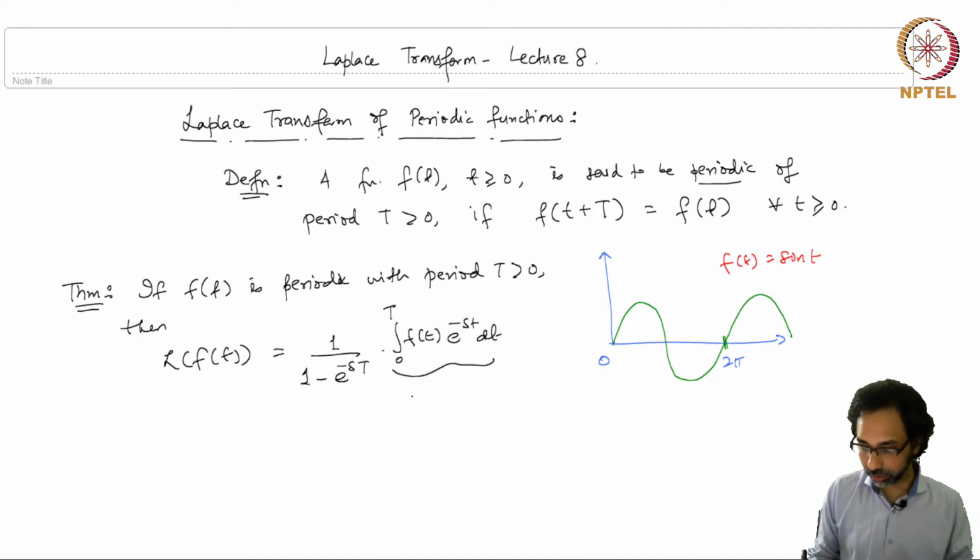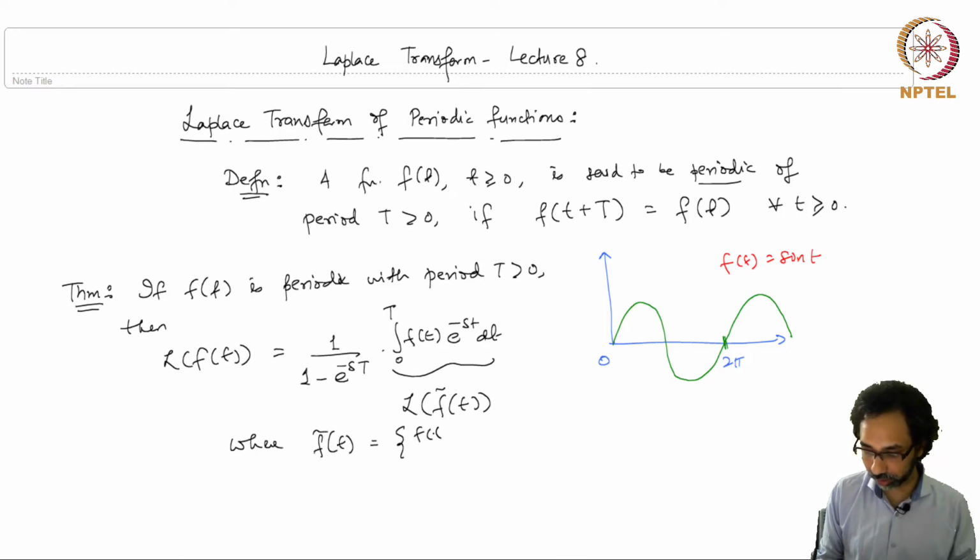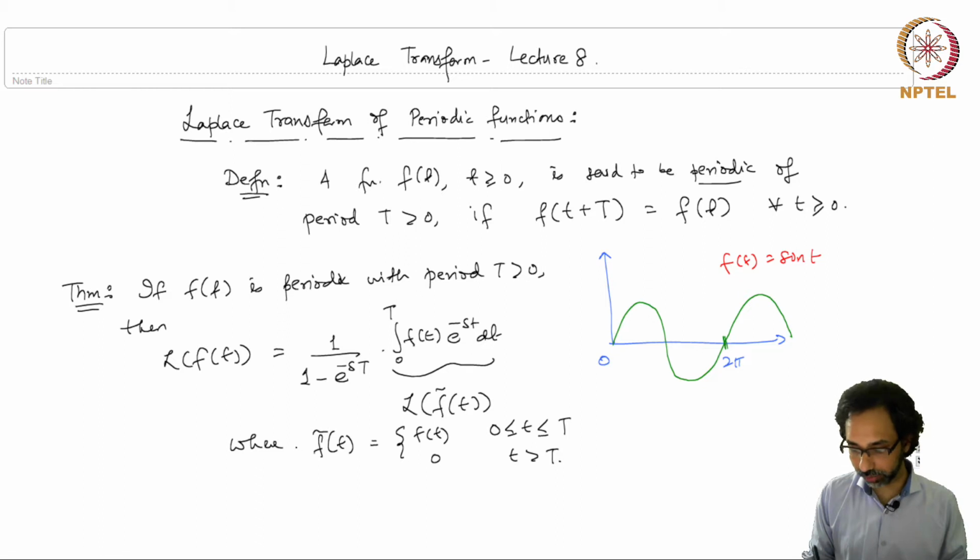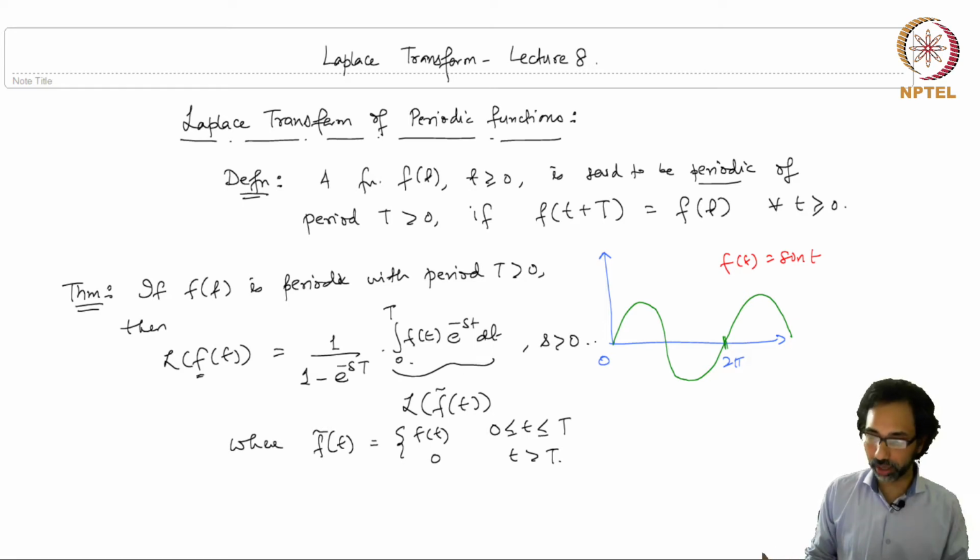Note that this is the Laplace transform of the modified function f tilde(t), where f tilde(t) is equal to f(t) for 0 less than or equal to t less than capital T, and 0 for t greater than T. So this is the truncated version of f, and if you take the Laplace transform of f tilde(t), you will get 0 outside t greater than T, so you will only end up with this integral from 0 to T. So this says that the Laplace transform of the periodic function f is 1 over 1 minus e to the power minus sT times the Laplace transform of the truncated function f tilde, and this is valid for s greater than 0.